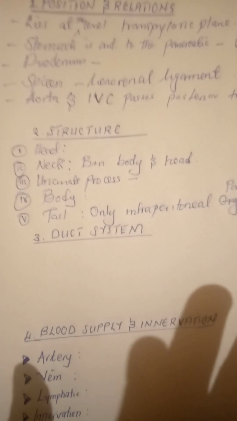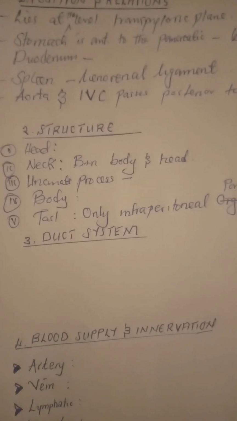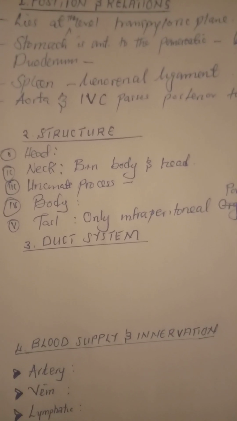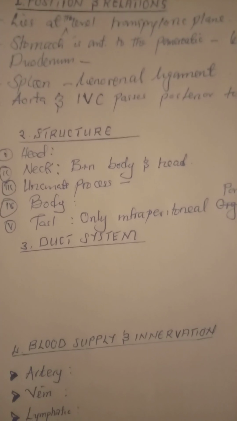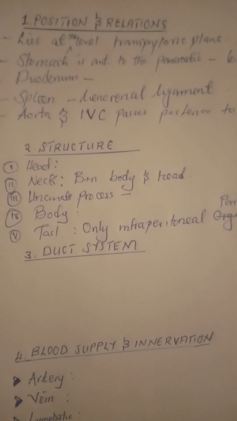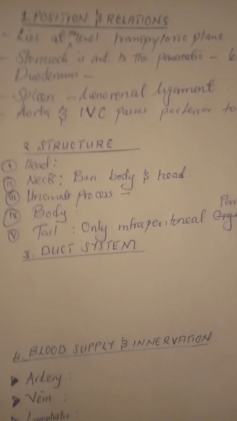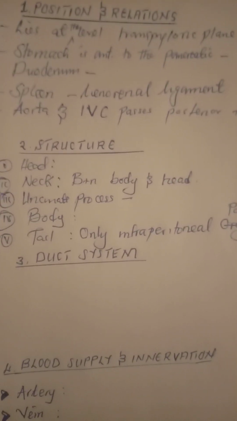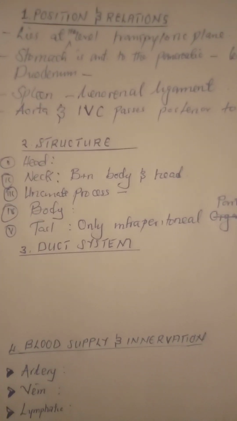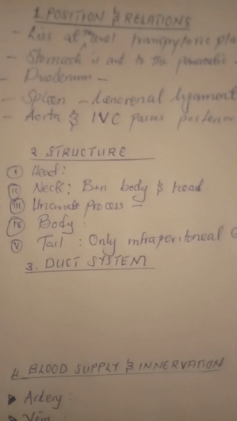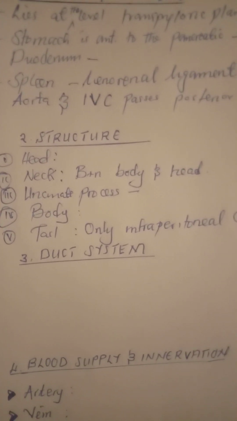Moving forwards to the duct system. That's the reason why I didn't highlight structure here, because when we're talking about histology, the pancreas is divided into two components, endocrine and exocrine, in terms of function.